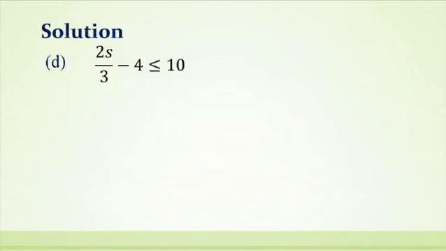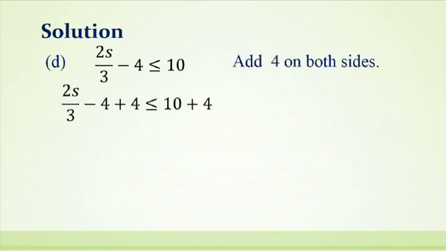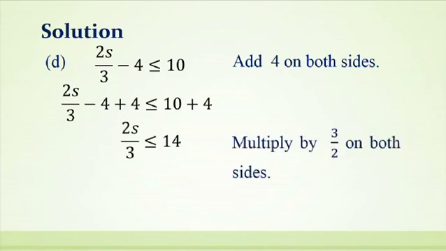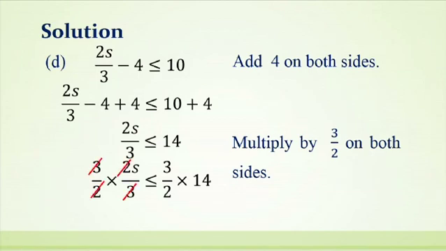Part D, again, I will have to add 4 to both sides of the inequality. So I get 2s/3 ≤ 14. Now the multiplicative inverse of 2/3 is 3/2. So I multiply by 3/2 on both sides to get s ≤ 21.